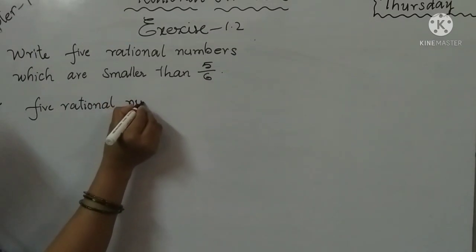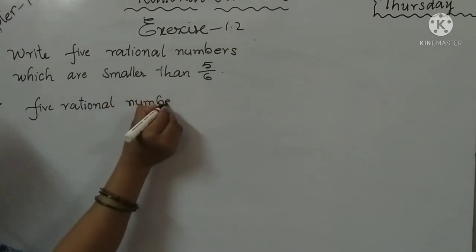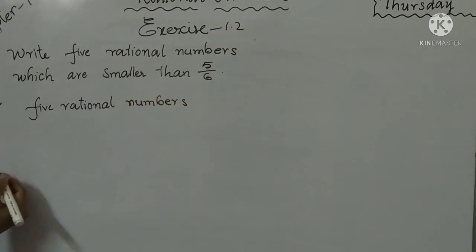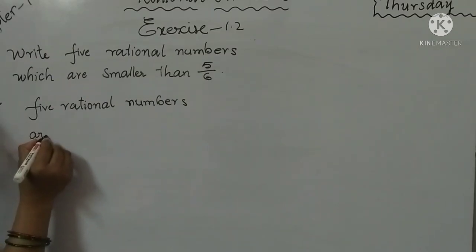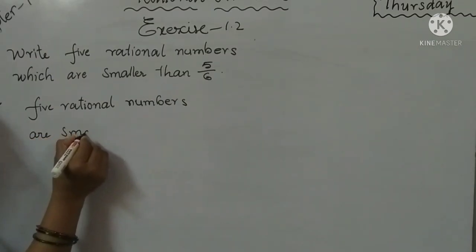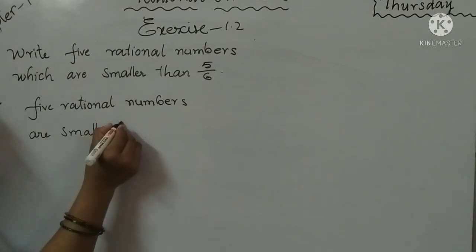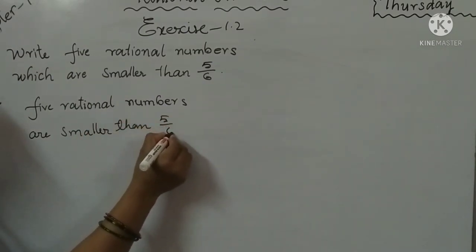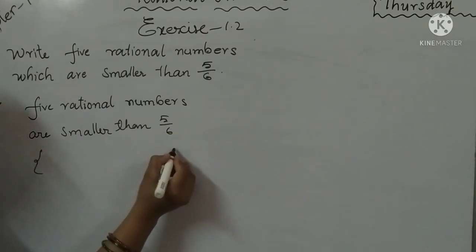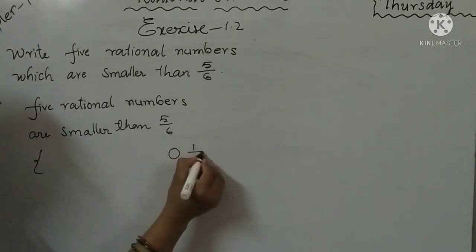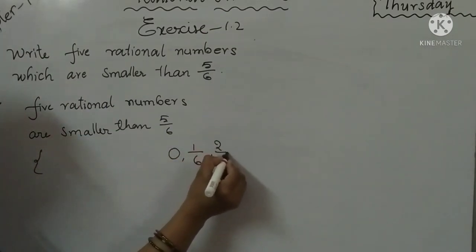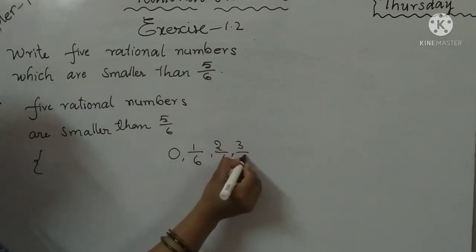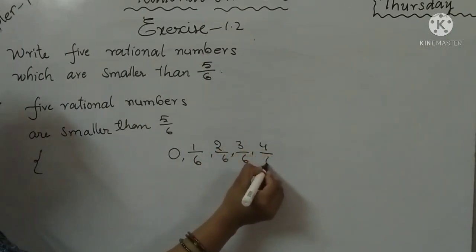So we should write 5 rational numbers smaller than 5 by 6. It means write here 0, 1 by 6, 2 by 6, 3 by 6, 4 by 6.